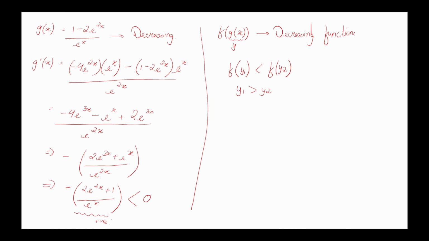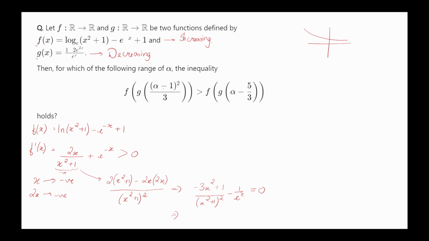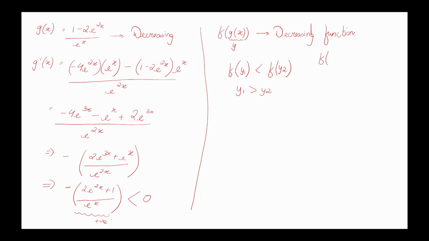So from here, let's say I'm considering this entire function to be y1 and this entire function to be y2. Let me do it in the opposite way so that it becomes exactly the same as what I'm saying here. Let's say this is y2, this is y1, and I'm saying that f of y2 is greater than f of y1, and this is a decreasing function.